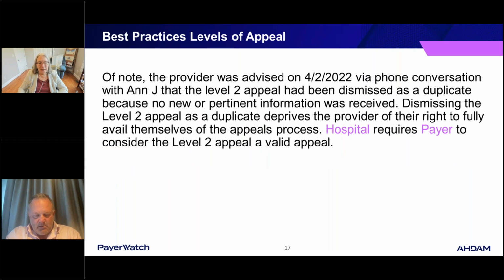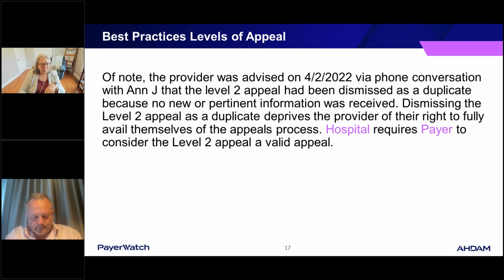Now, one of the cases I got involved in, in order to argue this, is what I wrote at the very top of my level 2 appeal. Our follow-up team had called the payer and asked where the status of our level 2 appeal was. And the payer said, oh, we dismissed it because it was a duplicate of what you sent in the first time. So this is what I put in my letter.